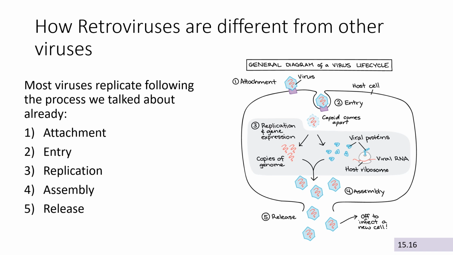Just to refresh, here's the basic viral life cycle we talked about before. A virus that is not a retrovirus will attach to the host cell and enter it. Then after the capsid comes apart, it uses the host cell's ribosomes to make copies of its own genetic material. Then the new virions assemble and are released from the host cell.